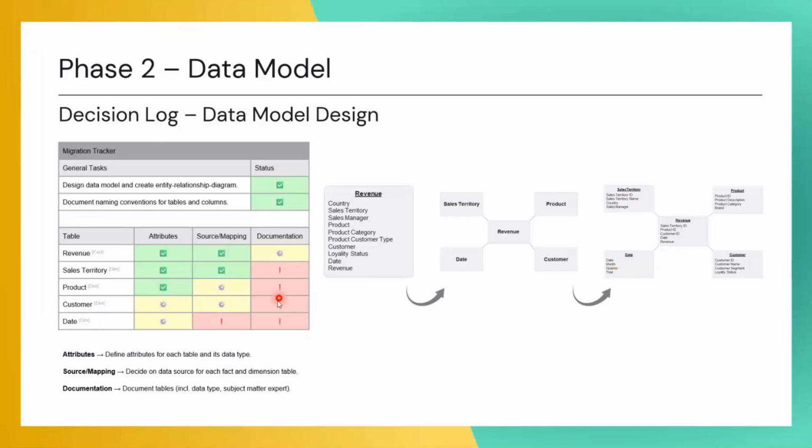Once you've identified that, it's important to think about the source and the mapping. If you think about 2 business applications, whether it be the ERP system or the CRM system, both of them will have some kind of country information with country code, country name, some kind of hierarchy.